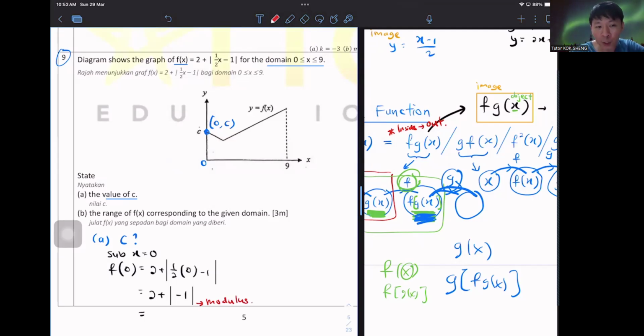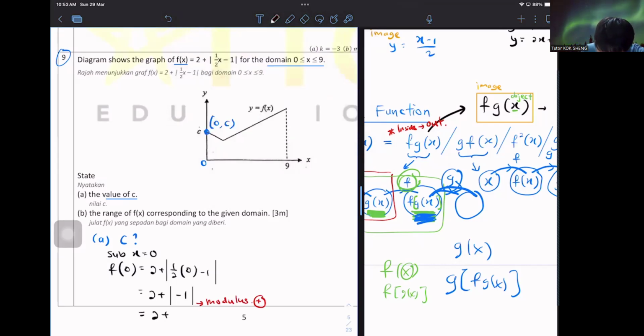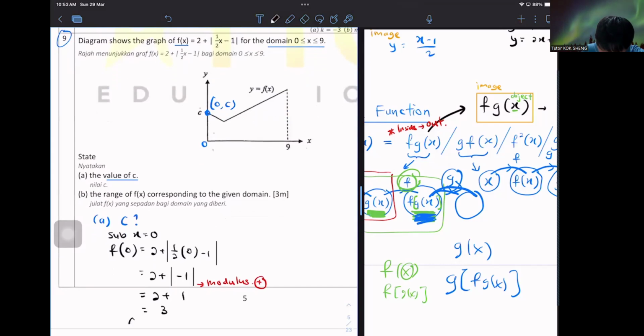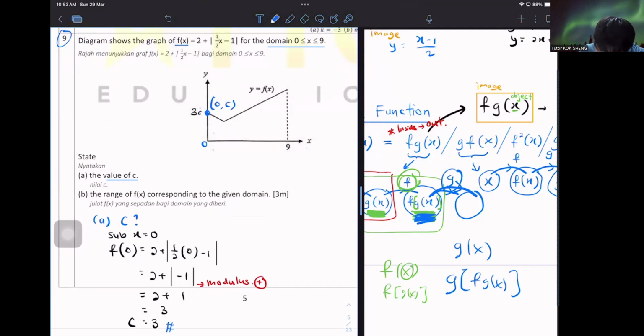The purpose of the modulus is to change the number inside to become positive, the one I mentioned in class. So you get 2 plus 1, 3. That is the answer for C. So this number is 3.